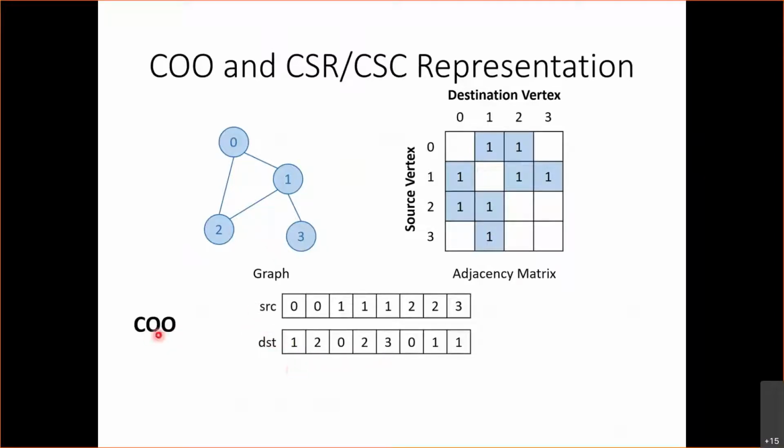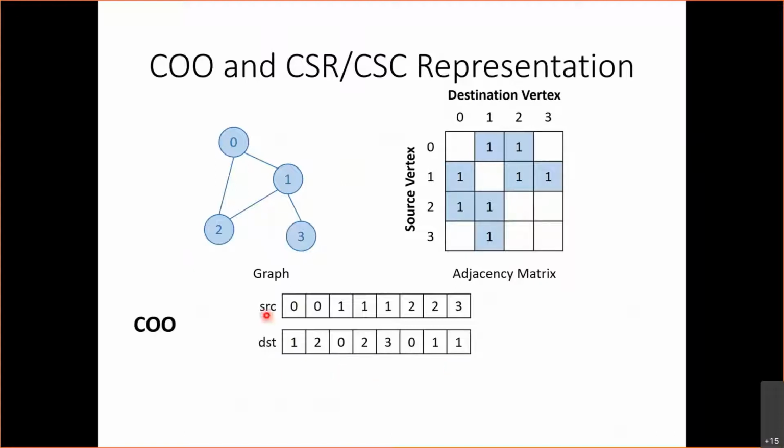A COO representation of the graph is going to have the list of edges, like in the sparse matrix representation we had the list of non-zeros. So for a graph, we have a list of edges, and the arrays are going to have the source vertex of each edge and the destination vertex of each edge. If it was a weighted graph, we would have also had a third array with the weight of each edge, but it's not a weighted graph, so we're not going to have that array.